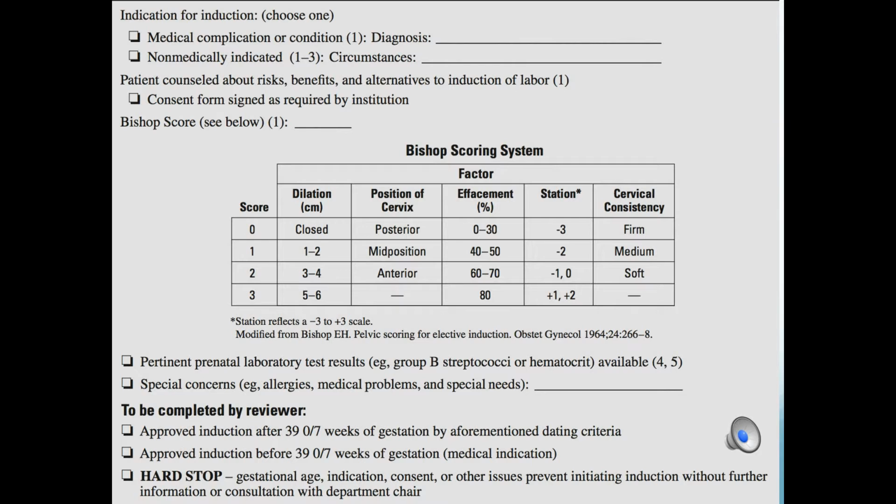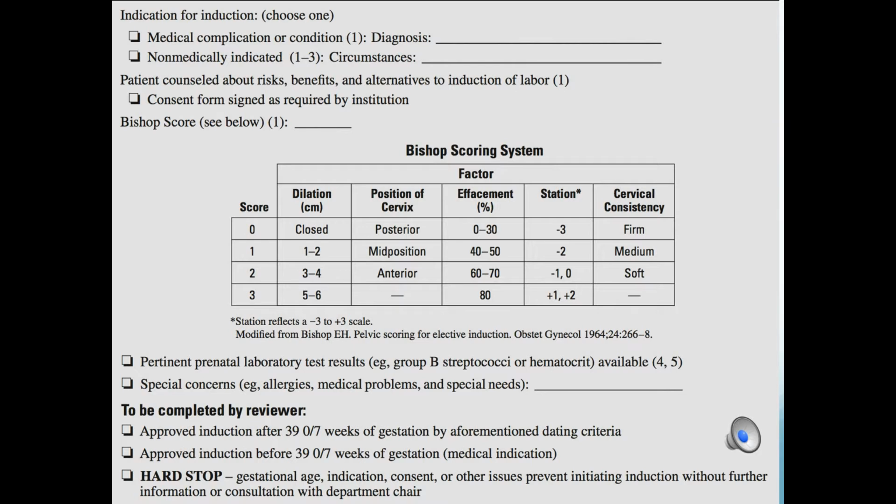Bishop score, we will talk about this later in this lecture, but it should be calculated according to the dilatation, position of the cervix, effacement, the station, and cervical consistency. There are also specific lab results according to the institution. Each institution will choose its specific lab results.